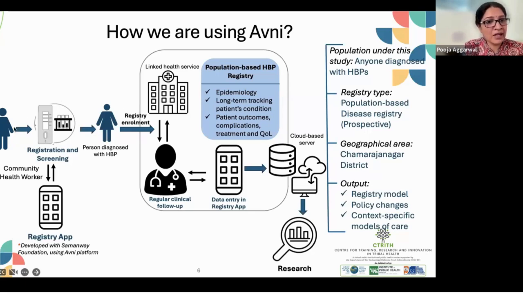The app helps in all the steps of the registry, starting from screening and registration of the person with the disease, and then comprehensive care, which includes management with a referral system with doctors as well as at the tertiary care center, and then also helps in research, patient advocacy, management, and genetic counseling. All these steps are being tracked and implemented using the Avni platform and app.